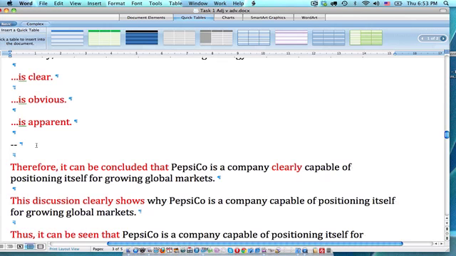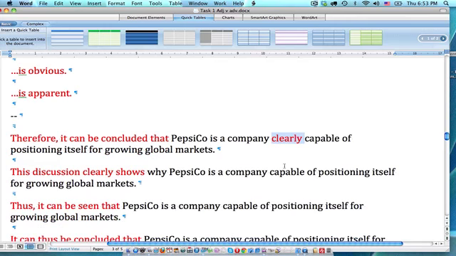Okay, so language like "therefore, it can be concluded that," and then something. And I encourage you to use words like clearly, because these are very convincing ways to show your reader that you feel, and you want them to feel, that what you're saying makes sense, it's logical, and it's fundamentally coherent and clear.